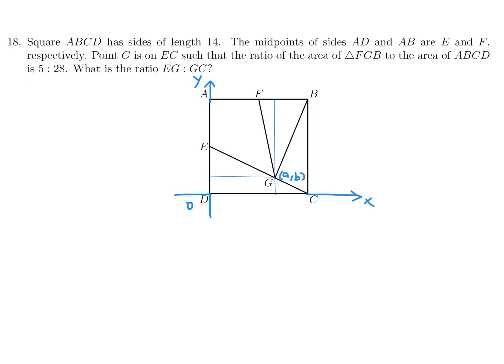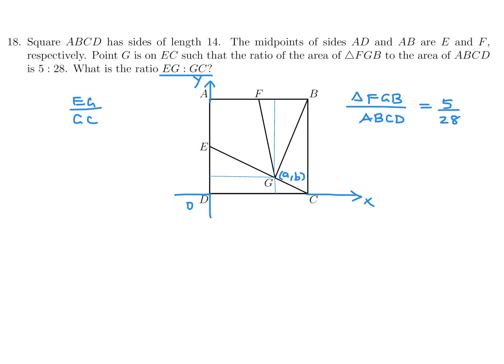And triangle FGB over ABCD, that is what we're trying to figure out, right? The ratio of FGB to, oh, they already give you. So that's not what we're trying to figure out. Well, we're trying to figure out EG over GC. Okay, so that's our ultimate goal.